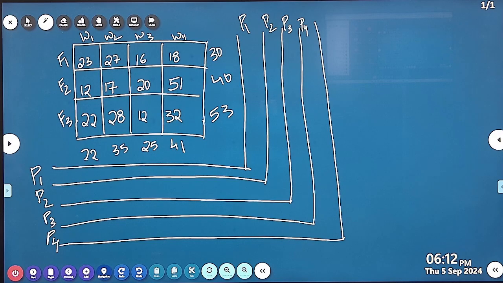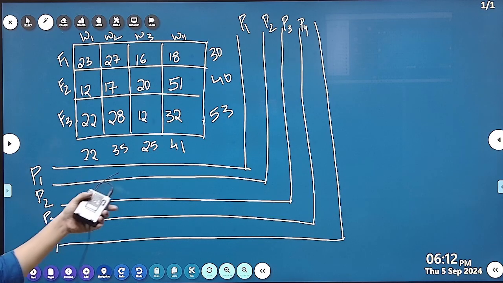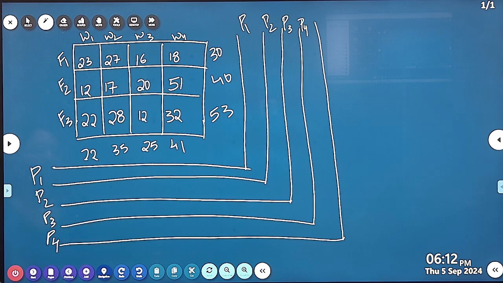Online copied? Yes, ma'am. So copy it offline. Copy. So write down this fastly, copy it fastly.